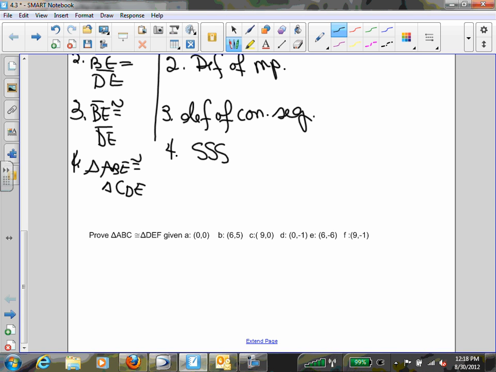So let's just talk about this. Prove triangle ABC, that means these coordinates, and DEF, these coordinates, are congruent. What do you think I'm going to have to do?